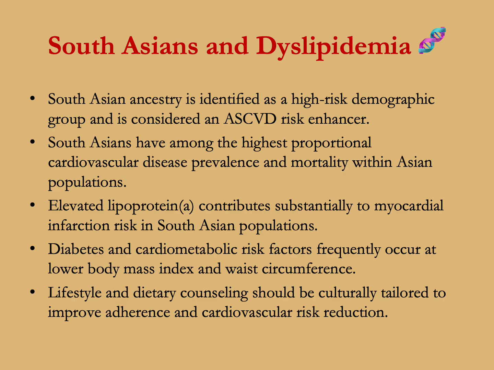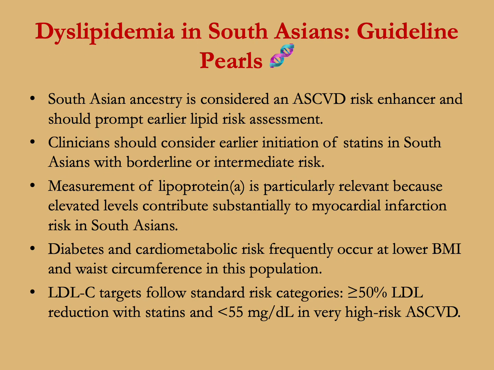Elevated Lp(a) or lipoprotein A contributes substantially to myocardial infarction risk in this population. Diabetes and cardiometabolic risk factors frequently occur at lower body mass index and waist circumference, probably because Indians have lower skeletal muscle mass. Lifestyle and dietary counseling should be culturally tailored to improve adherence and cardiovascular risk reduction.